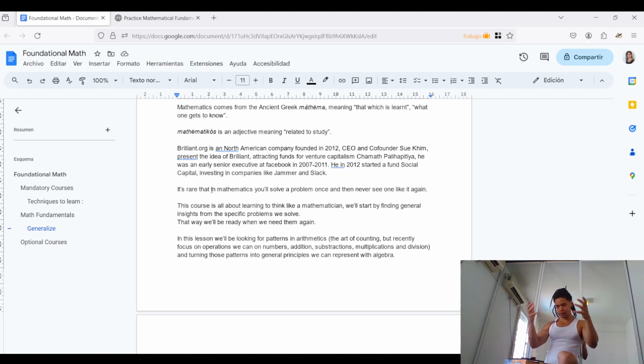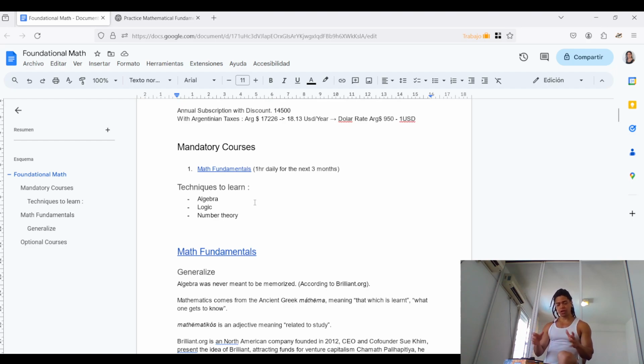So after I look at Brilliant.org, who made that, the reason why I'm looking here is to understand the values. What are the strategies and techniques that I'm going to learn from this course, which covers arithmetic, particularly algebra, logic, and number theory, and how can we apply those not only to coding challenges or someone else's problems, but also to our own problems.